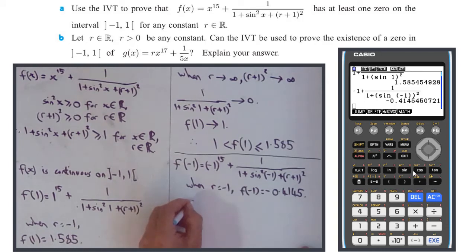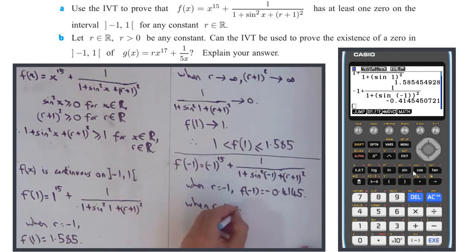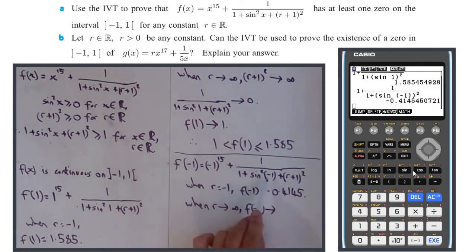We still keep the same value of r, so when we let r approach something very, very large, when r approaches infinity, f of -1 is going to get very close to, remember, this is just a small constant plus a gigantic number. 1 divided by the gigantic number approaches 0, which means that this whole thing is going to approach minus 1 to the power 15, which is minus 1.